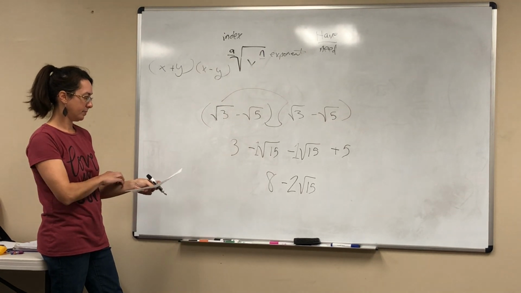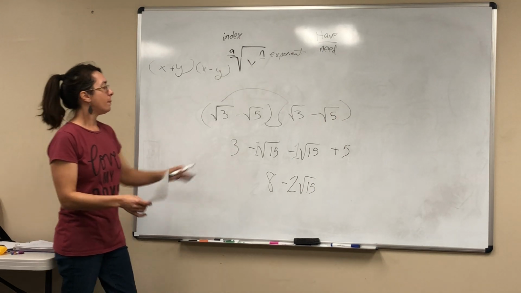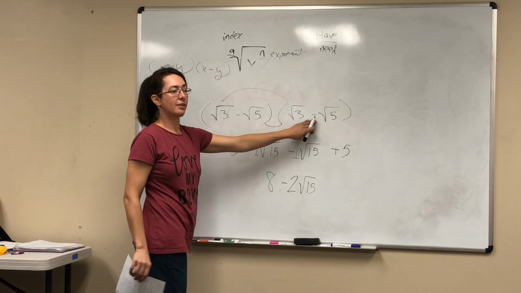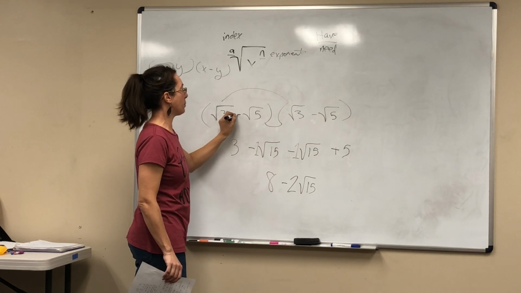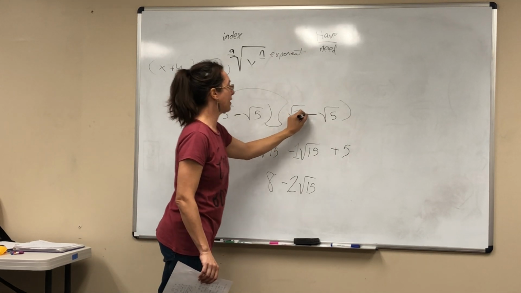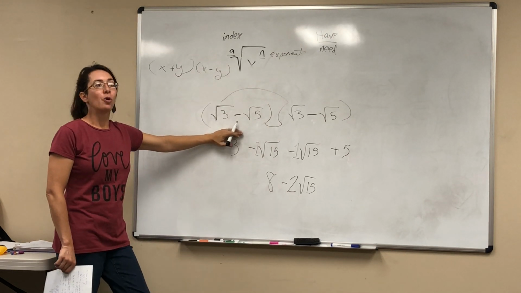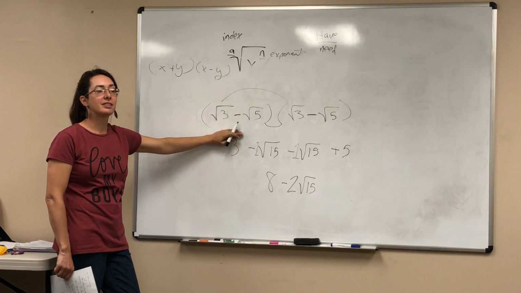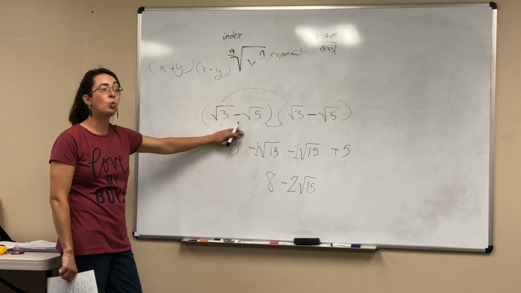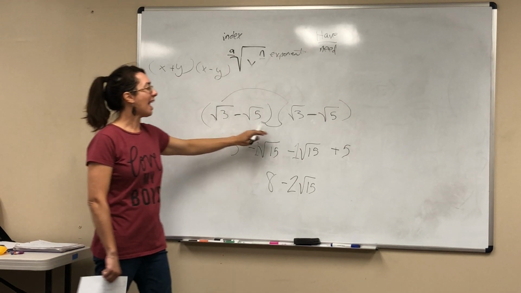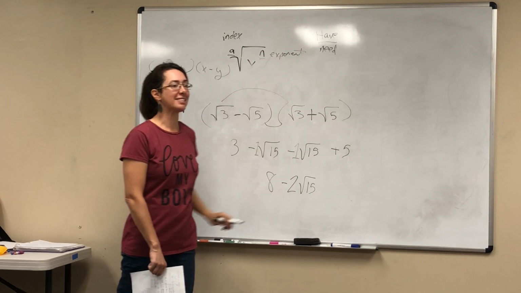Why don't we cancel them out like we did on the last problem? Because these had the same sign. They were both minus. When you are looking at having a binomial in the denominator, you want it to cancel out, so it has to have a different sign.